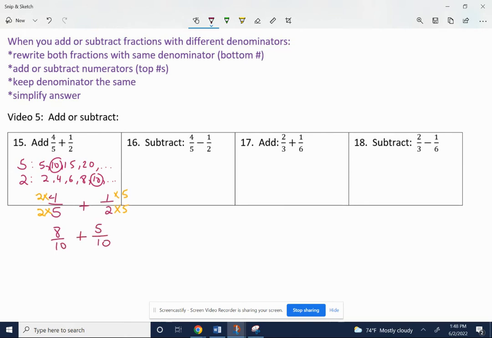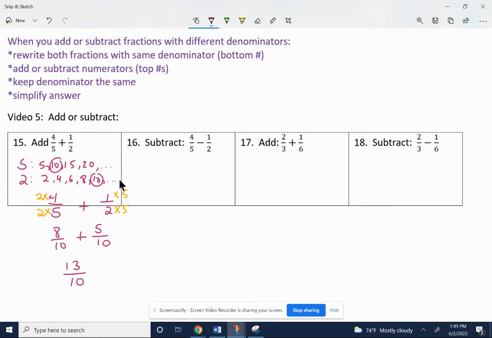Now, since we have the same denominator, we're going to add the tops. 8 plus 5 is 13, and keep the 10. Guys, in 7th and 8th grade, it's actually best to keep it as 13 tenths because we don't really like mixed numbers as much as you do more with math.